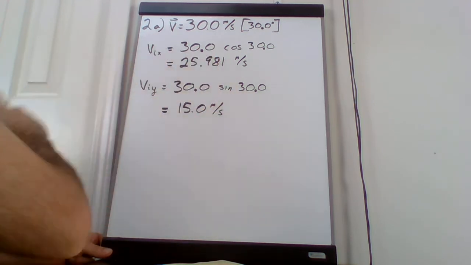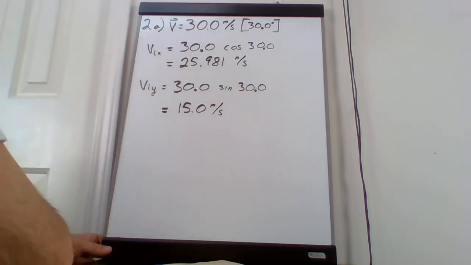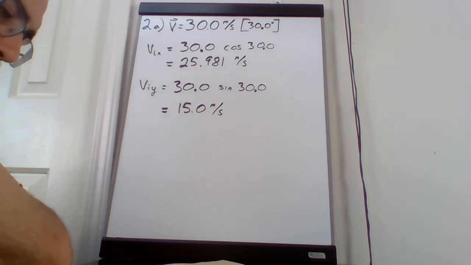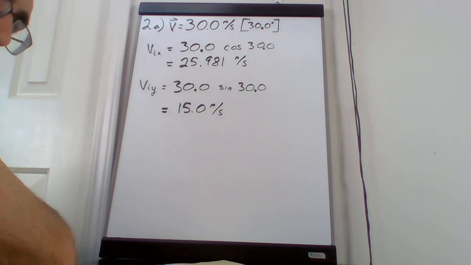Although we'll be using all 5 sig figs to do any future calculations, and we're going to do that for most of these problems. Most of these problems are going to have 2 or 3 sig figs in our data, and so we are going to give our answers to the appropriate sig figs. But while we're carrying out our calculations, I usually stick with 5 sig figs.